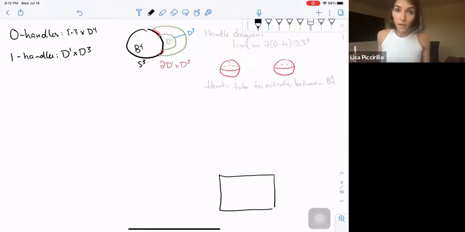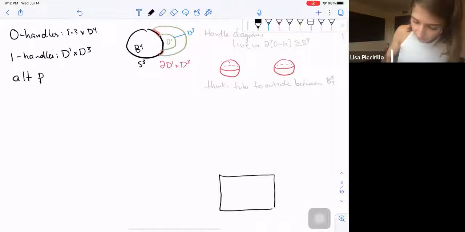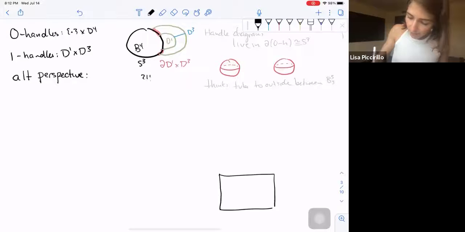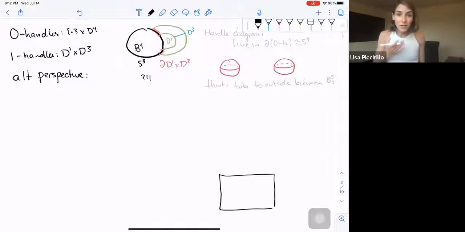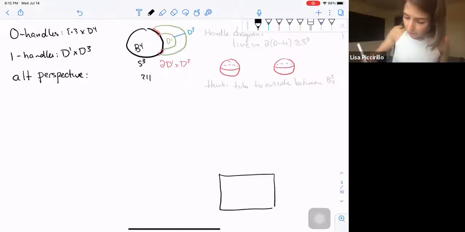Okay. There's another perspective that I sometimes like to use to think about one handles that I think is worth pointing out. So let me say an alternate perspective. This is our standard schematic of a 4 ball with a one handle, this schematic picture right here. But I claim we can see from this schematic that the 4 ball with a one handle stuck to it is also diffeomorphic to a space that looks a little bit demonic.